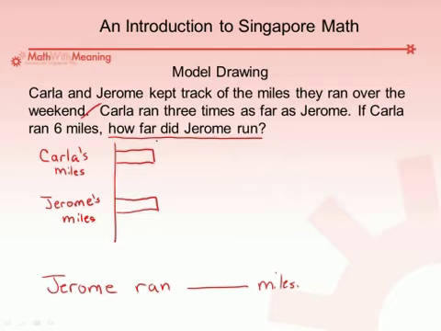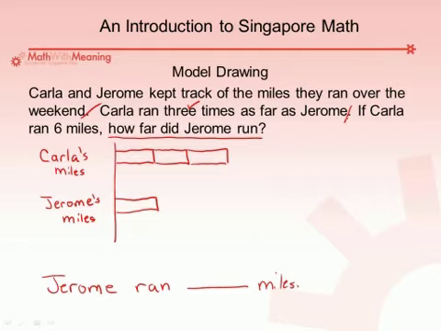Right now it looks like Carla ran the same, so let's add another unit of equal size and value. What does it show now? 2 times or twice as far as Jerome. That's not correct. Let's add another unit of equal size and value. Now what does it show? Carla ran 3 times as far as Jerome. Do you notice how the model exactly matches the language in the problem?